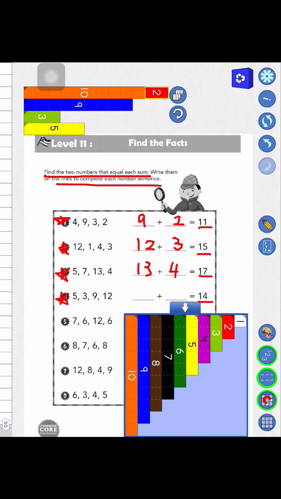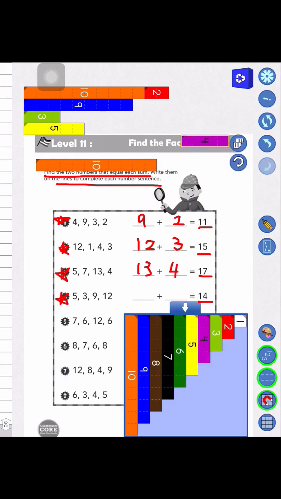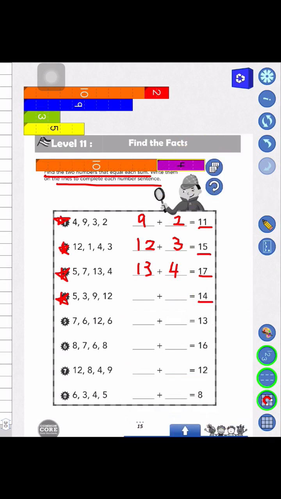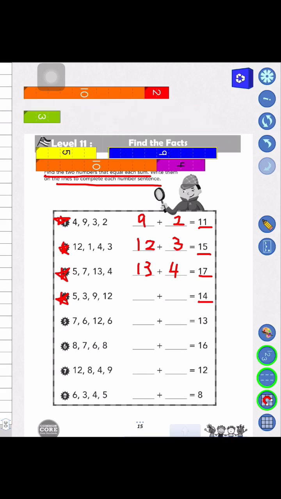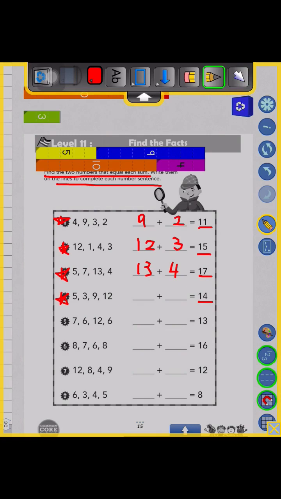So we need to get 10 and 4. Okay, so this time which two numbers should we try? Let's try number 5. So if we put number 5 here, we need 9 more. So 5 plus 9 equals 14. So that's the answer. For the rest of the questions, you may try it by yourself.